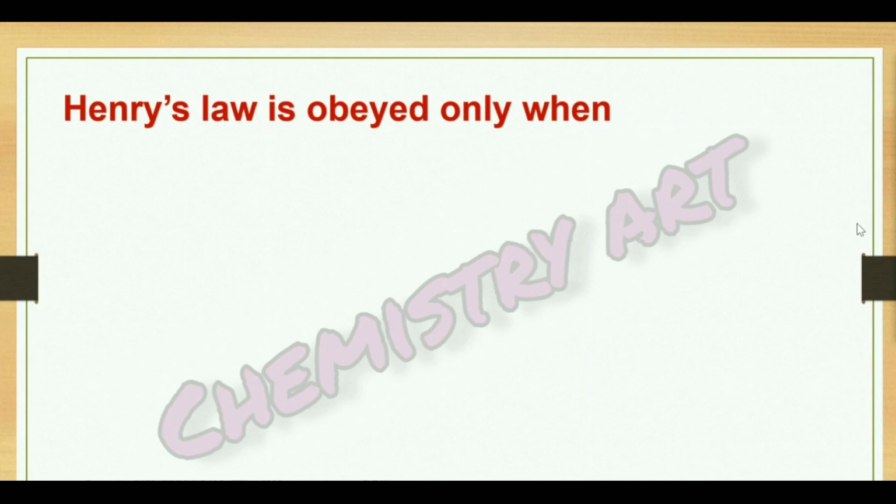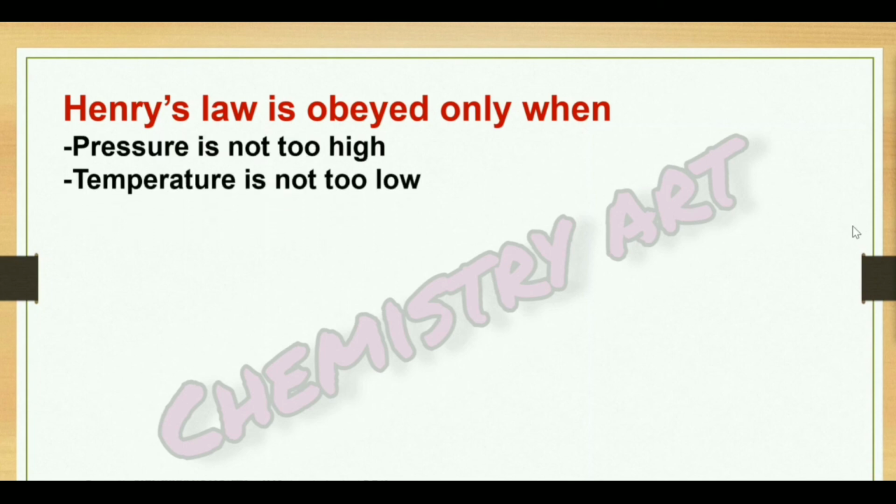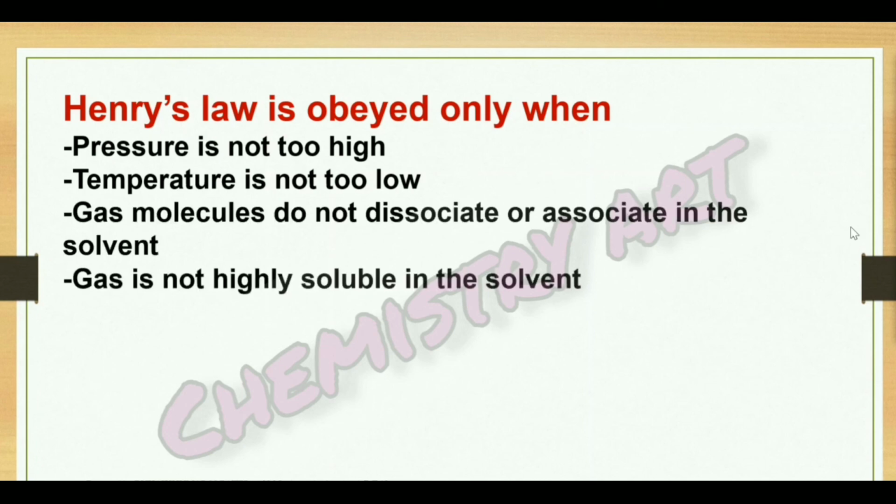Henry's law is obeyed only when the pressure is not too high, the temperature is not too low, the gas molecules do not associate or dissociate in the solvent, and the gas is not highly soluble in the solvent. Means what? Pressure is not too high, so the gas should not be at high pressure. Okay, temperature should also not be too low.